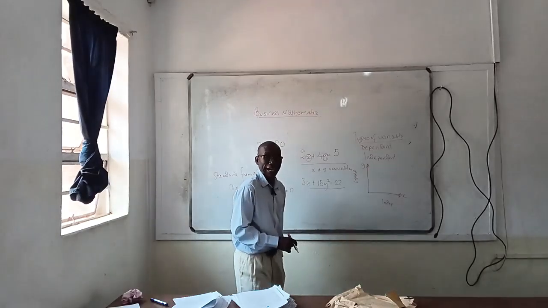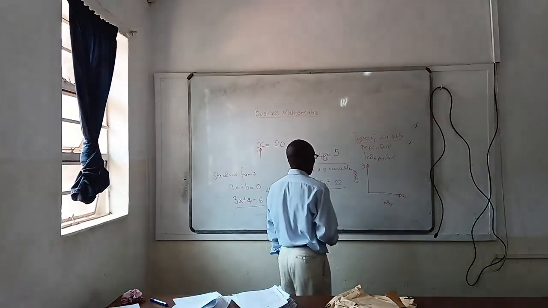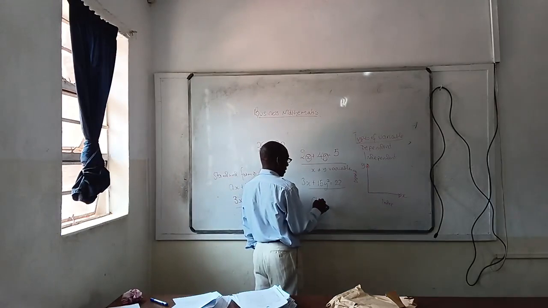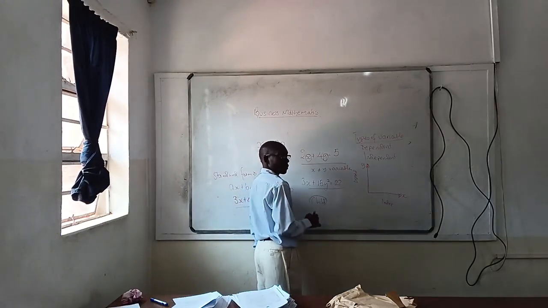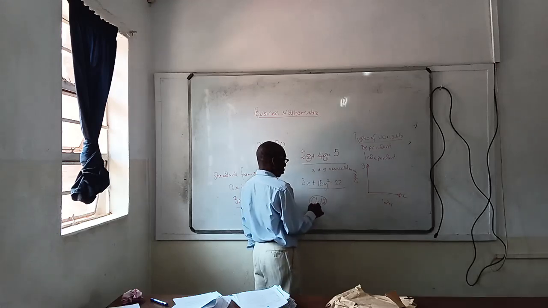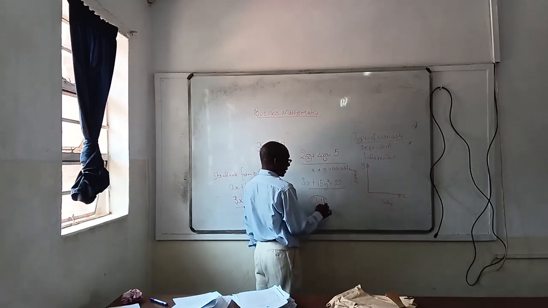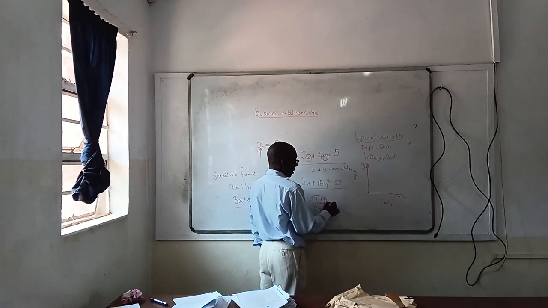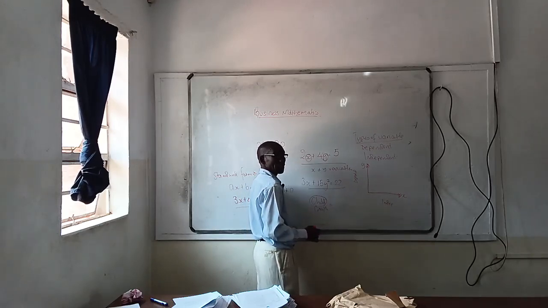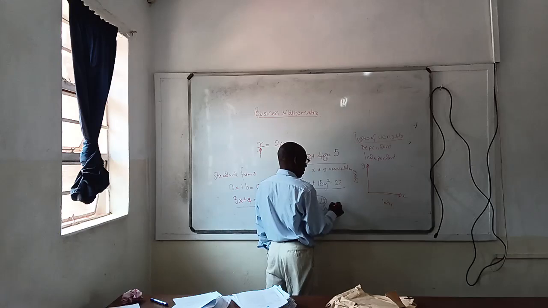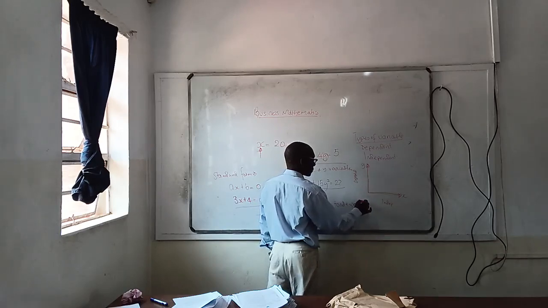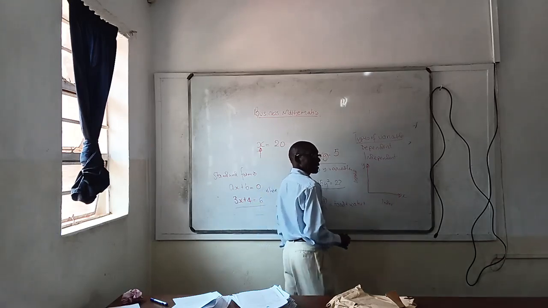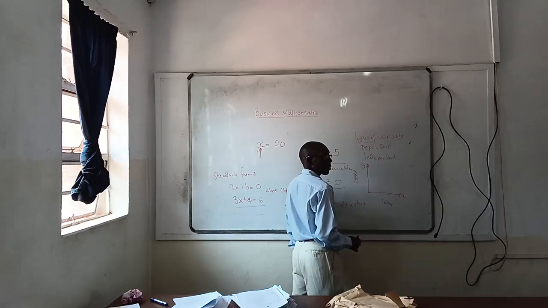So I've got a dependent variable and an independent variable. For example, let's look at a child. For a child to grow, he or she needs food, water, and at least a good environment.